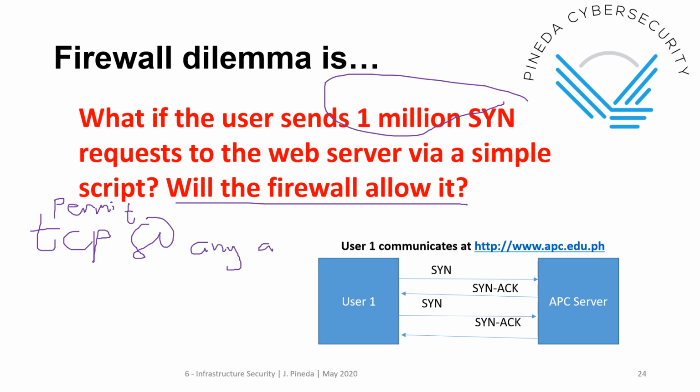So even if I send 1 million SYN requests, and that is obviously malicious or suspicious, since it passes through the packet filtering firewall, it sees that it uses port 80, then the firewall will allow it. And that's the problem. So it may exhaust all the resources of the APC server and it may go down.